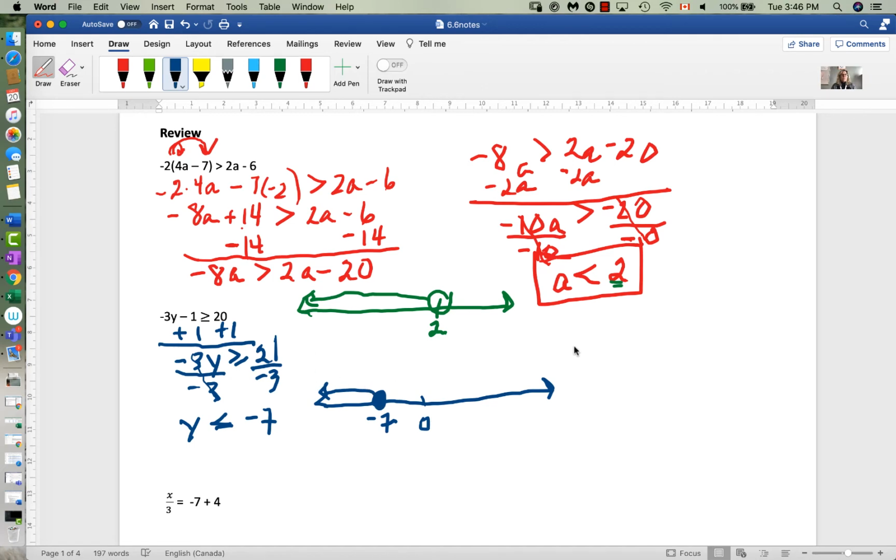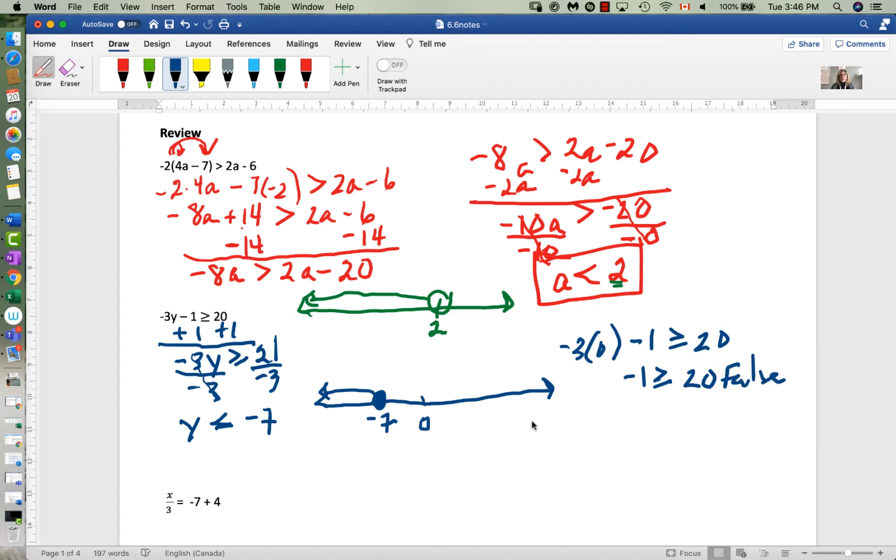Minus 3 times 0 minus 1 is greater than or equal to 20. That's minus 1 is greater than or equal to 20. Well, that's false, so that's not going to work.